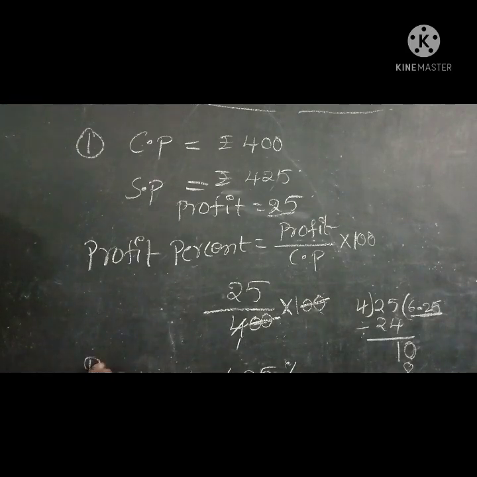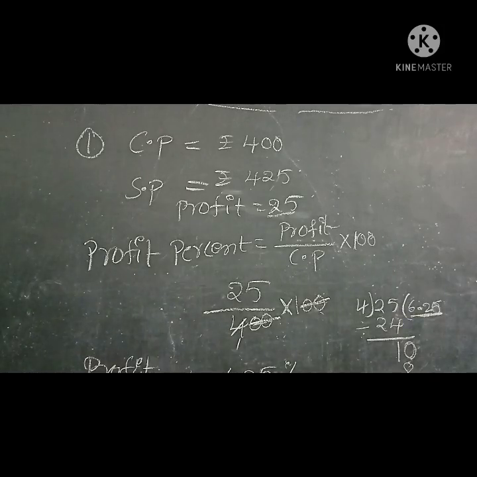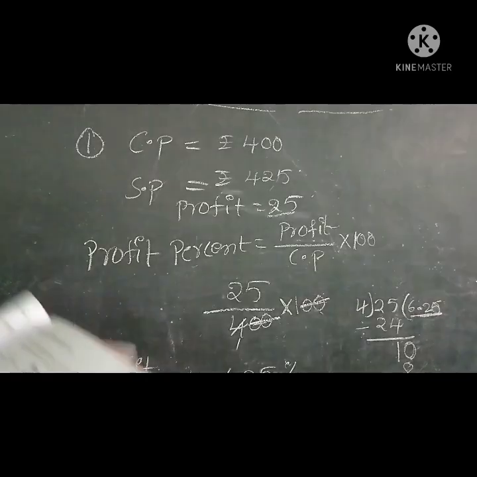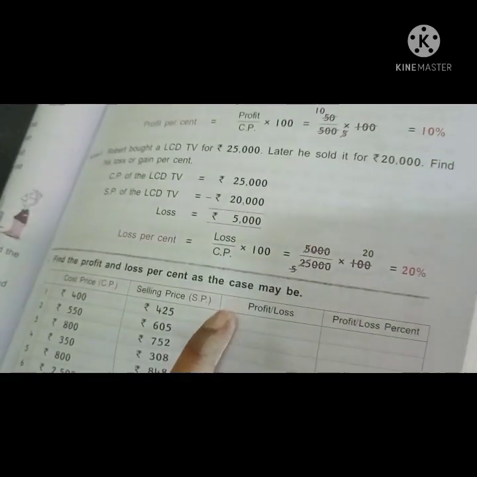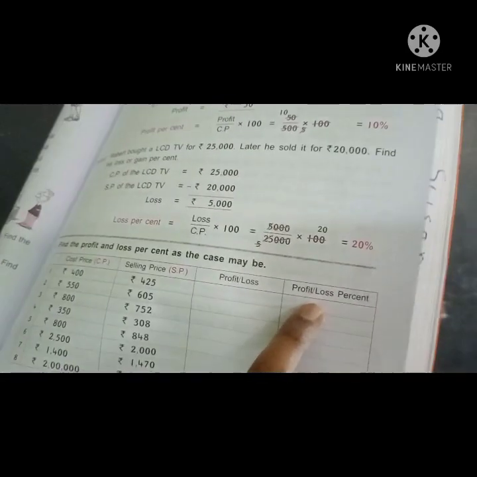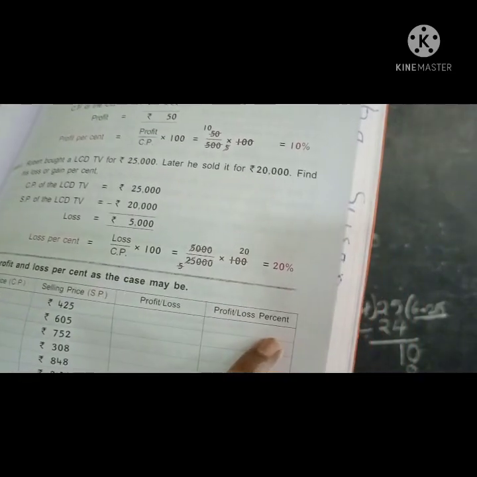Okay, profit percent is equal to 6.25. So write in your textbook, in that box. You have to write first the profit or loss box. In this profit or loss box you have to write the profit, and here the profit or loss percentage is there, no?